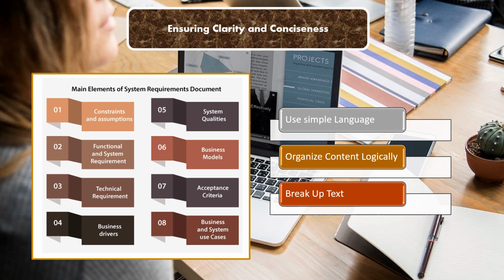What are the functional and system requirements of our concerned application? Then technical requirements, business drivers, system qualities, business models which we are going to use, acceptance criteria. Acceptance criteria means what kind of features, how many features, what level of quality should be fulfilled. Then only the client is going to accept this project.